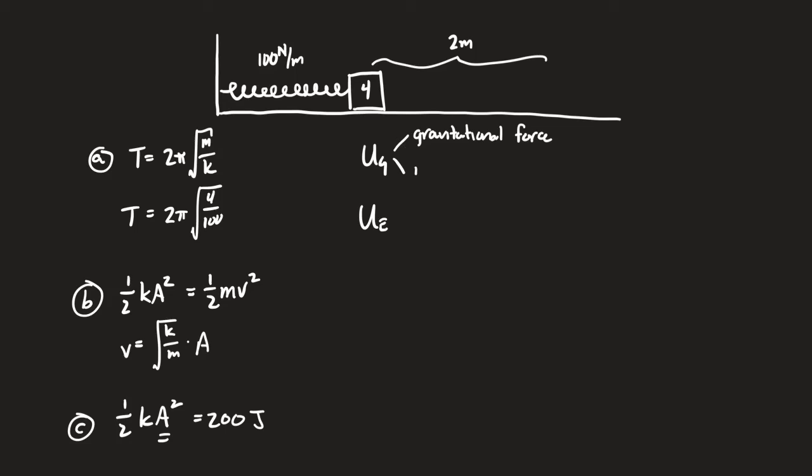We say MGH because on the Earth, when you're close to it, the acceleration experienced by objects is always the same for all objects. So we can just talk about how far away we are from the surface of the planet. But gravitational potential energy can be any two objects and their gravitational interaction because they're connected by gravity. All objects are. Elastic potential, they're connected by a spring or elastic force.